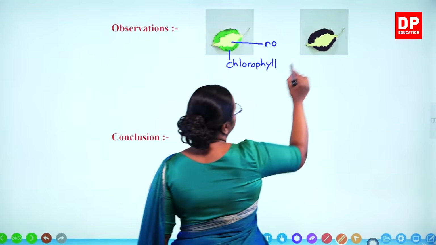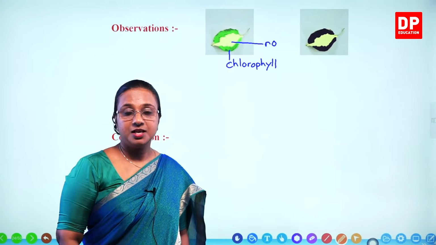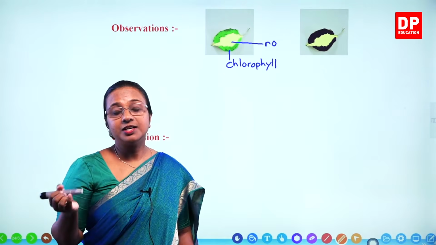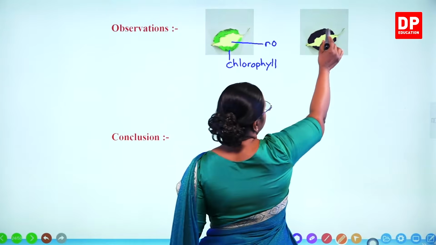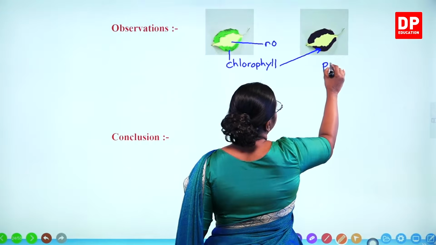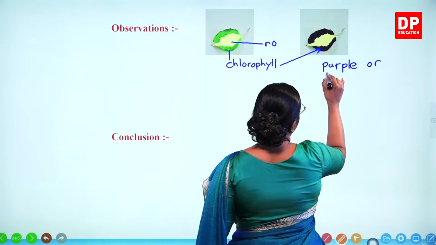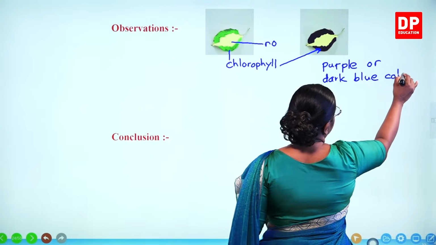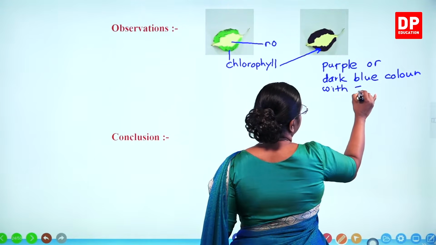So the same way in this part when we do the test for starch, the region that has no chlorophyll does not give a color change. It remains the pale color. Whereas the region that had the chlorophyll gives a purple or dark blue color with iodine.